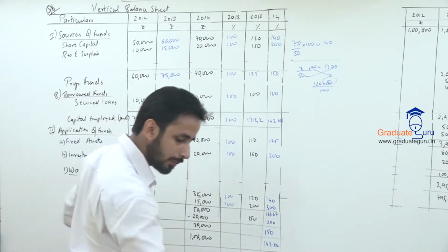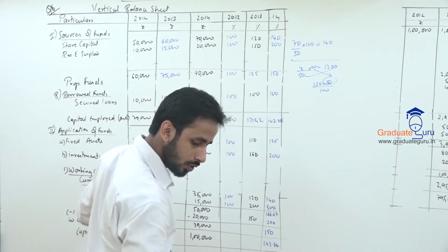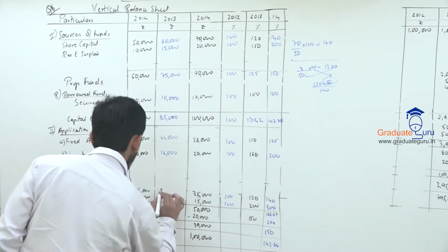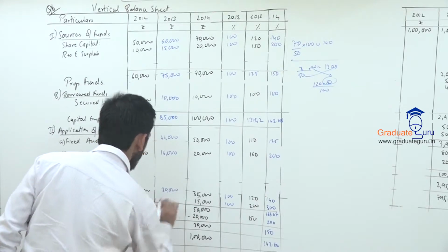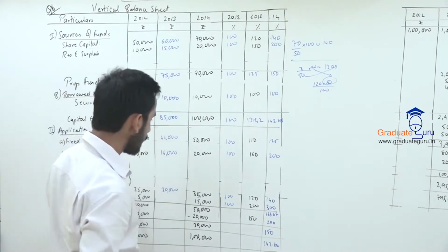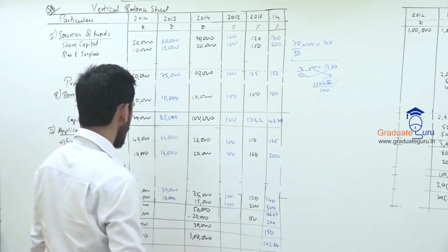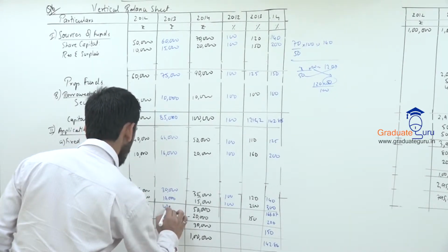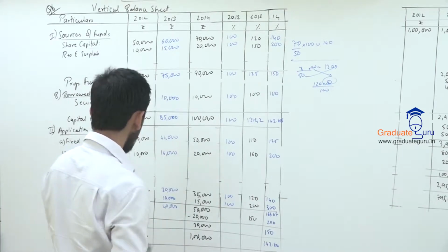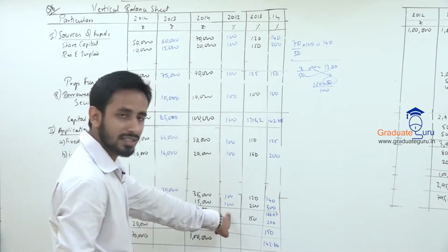So 25 ka 120% is 30,000, and I am correct. 5 ka 200% is 10,000. Add up 40,000. So 40 divided by 30 will give me this answer.